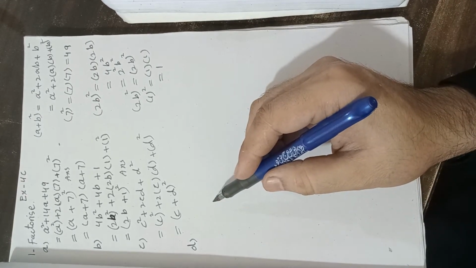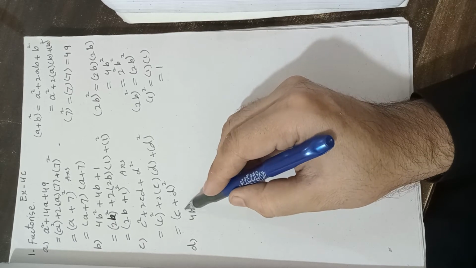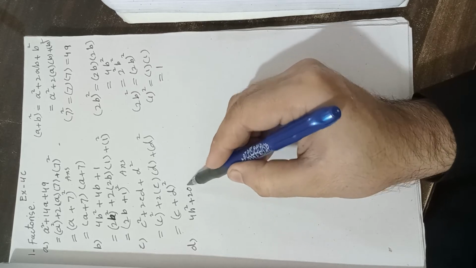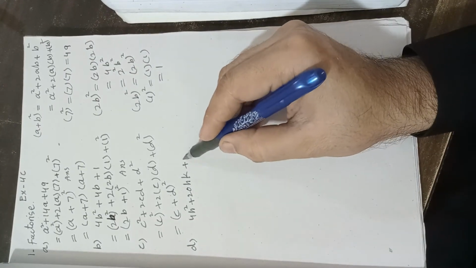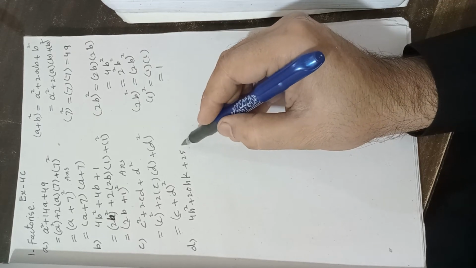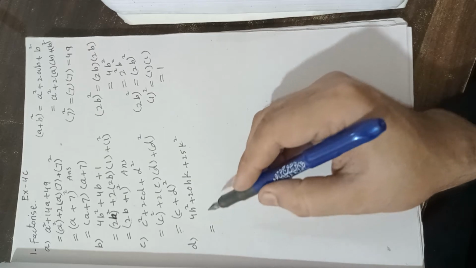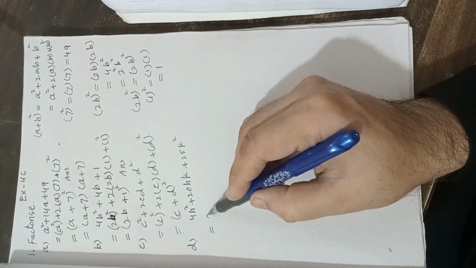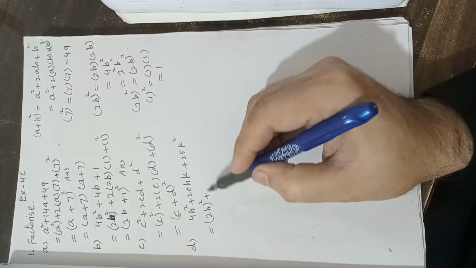Then there is part D. In part D, he is giving the term 4h square plus 20hk plus 25k square. When you change it according to our identity, it becomes (2h) whole square.